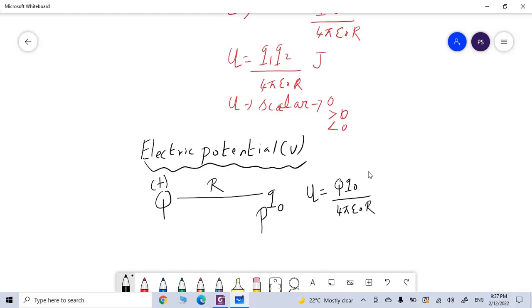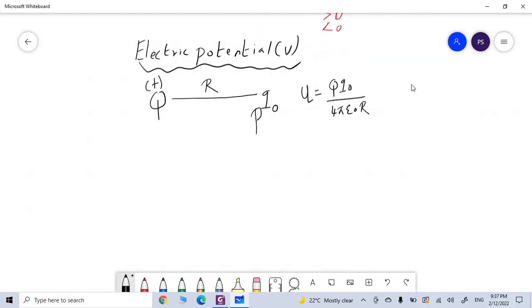Now let's try to define what electric potential is. So electric potential at this point P can be defined as work done per unit charge.